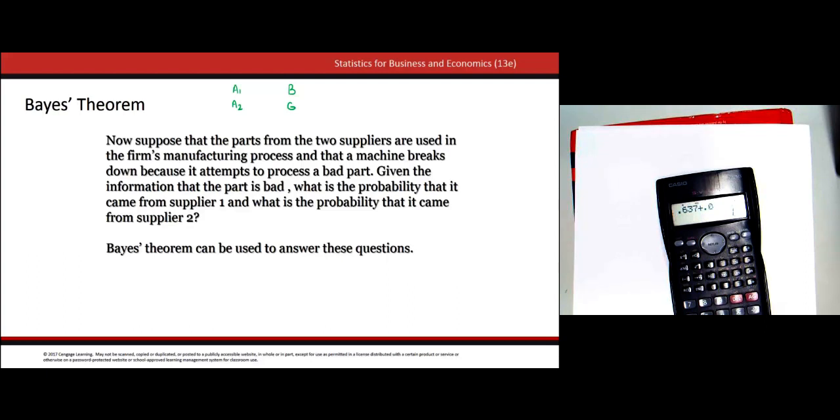Now how can we write this one? Given the information that the part is bad, what is the probability that it came from supplier 1? Some conditional probability. But what is given? We know that it is bad, and we want that it came from supplier 1. So this is probability of A1 given B. This is what we need to calculate.